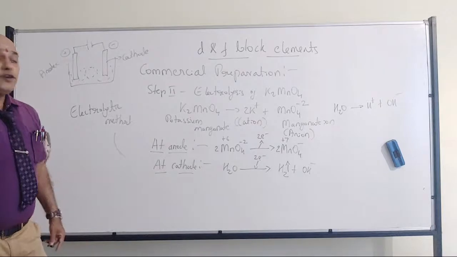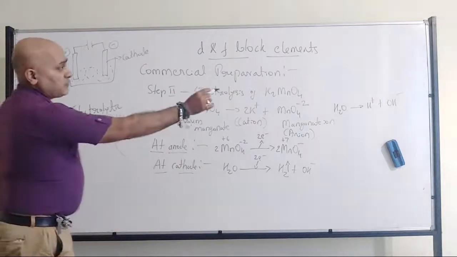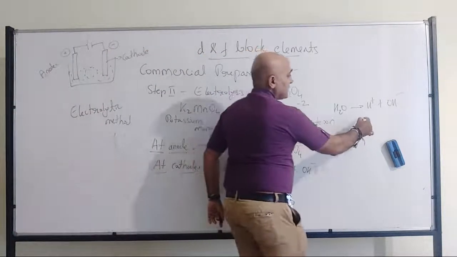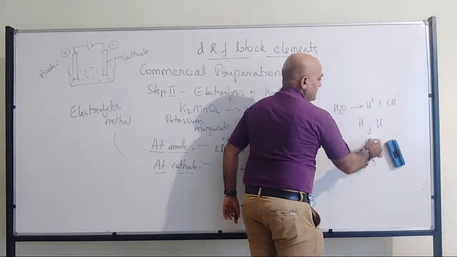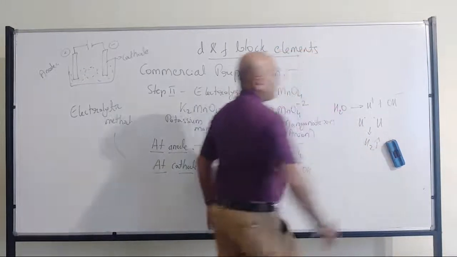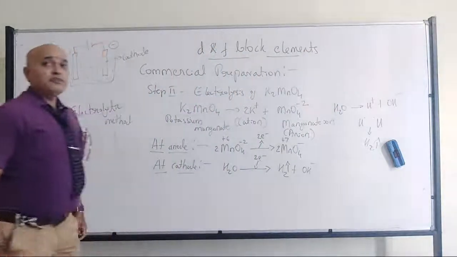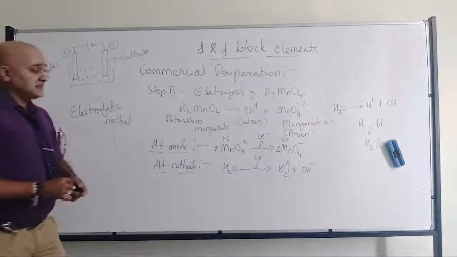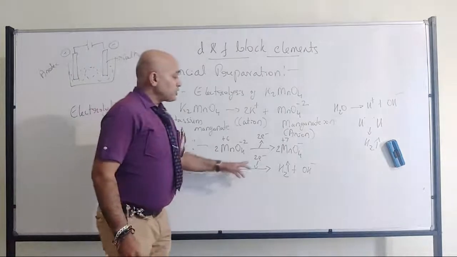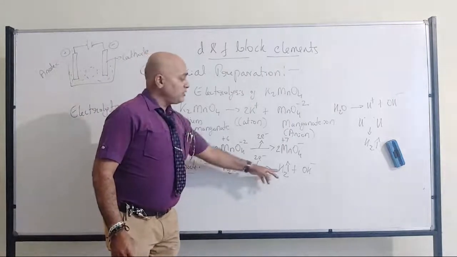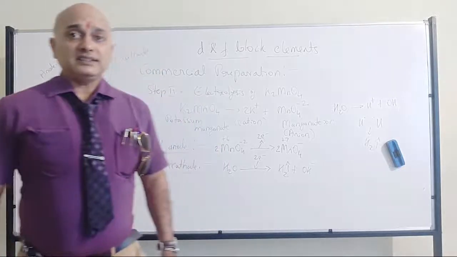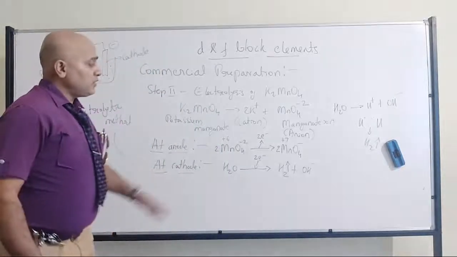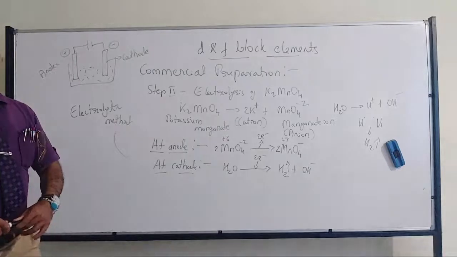Because to form the hydrogen gas, whatever H plus is there, each one of them will take up one electron, and then they are going to make the bond with each other and there will be release of hydrogen gas. So one water molecule will accept 2 electrons to produce the hydrogen gas and OH minus.